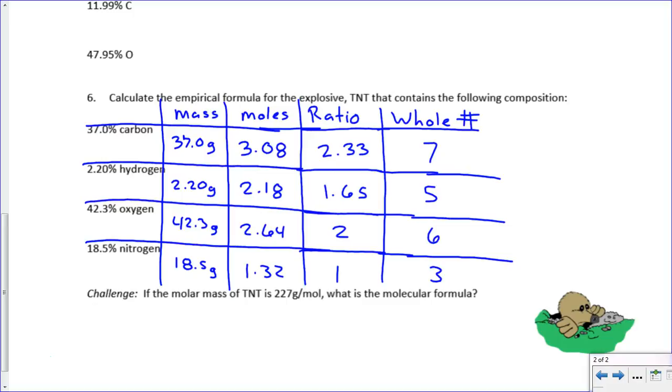So we multiplied all those by 3 to get rid of those fractional decimals. That 0.33 is about 1/3, 0.65 is about 2/3, and so we multiplied them all by 3 to get whole numbers. And so the formula for this is C7H5O6N3.